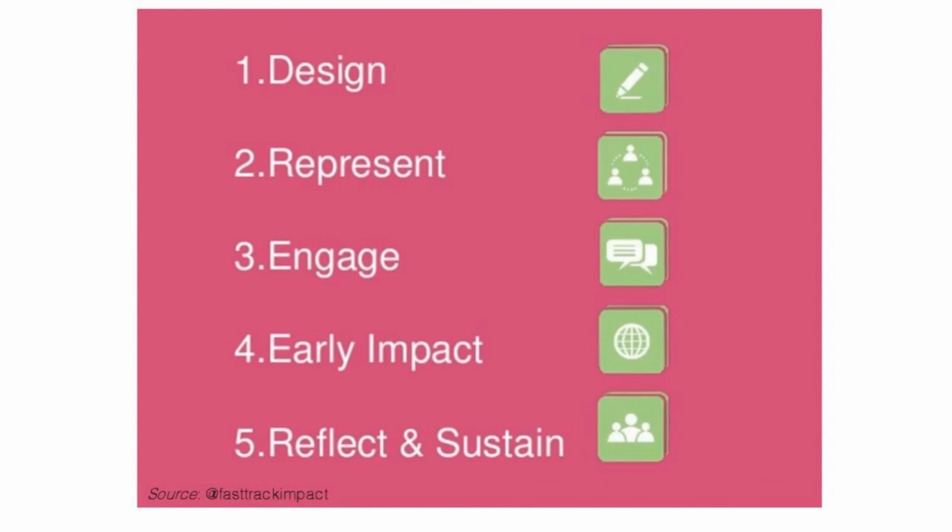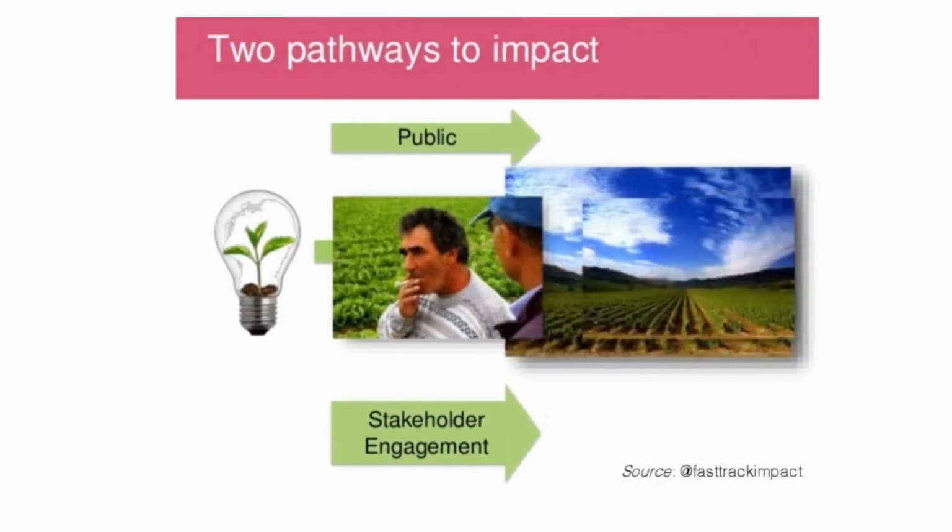We also need to demonstrate that our research is making a difference to the lives of ordinary people. That's socio-economic impact that we talked about a little bit ago. So design, represent, engage, make sure your work is having that early impact, and then reflect and sustain and measure what difference your work is making.